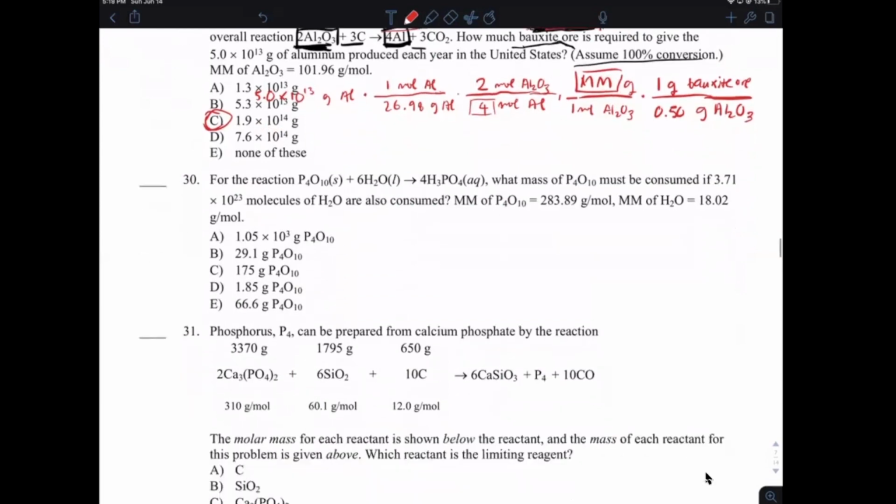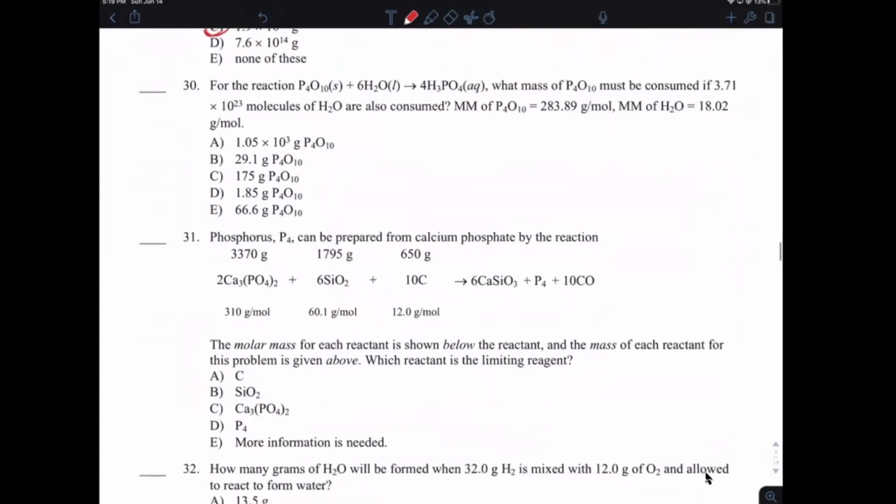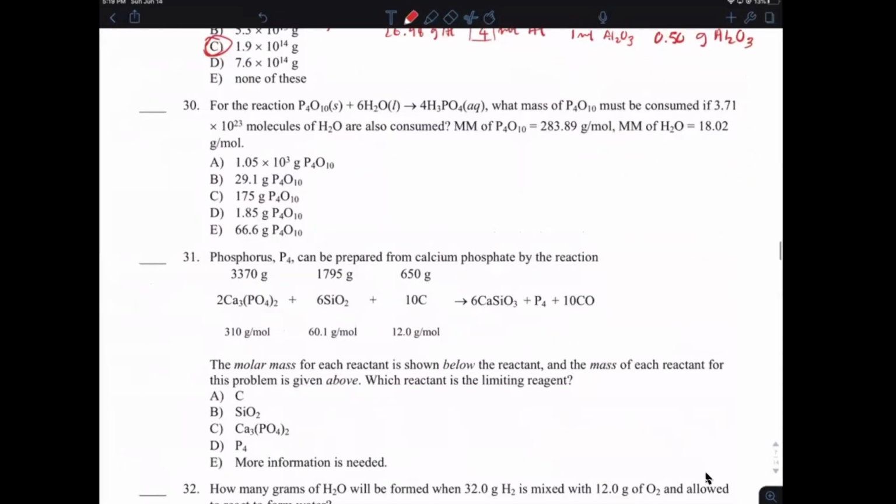Okay, and then for the next one, number 30, let's see. For the reaction, what mass must be consumed? It gives us all this information.